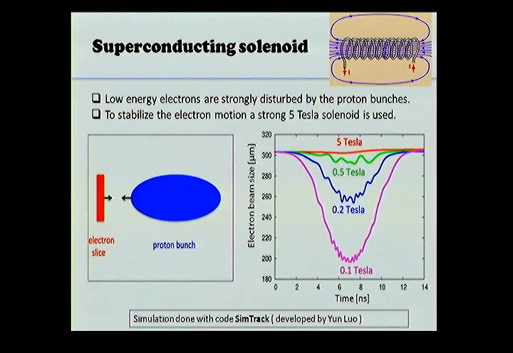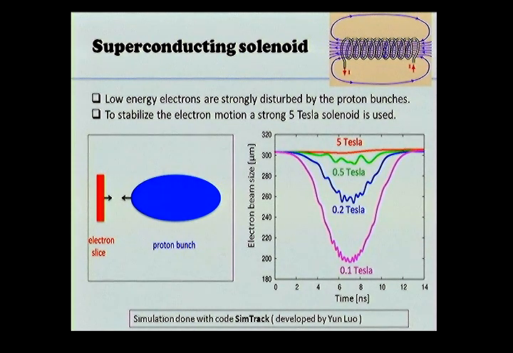The vertical axis shows the size change of the electron slice. Here I show the results with different magnetic fields of the solenoid: 0.1 Tesla, 0.2, 0.5 Tesla, and 5 Tesla.